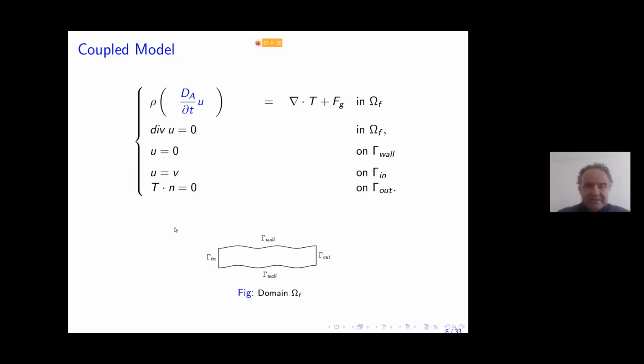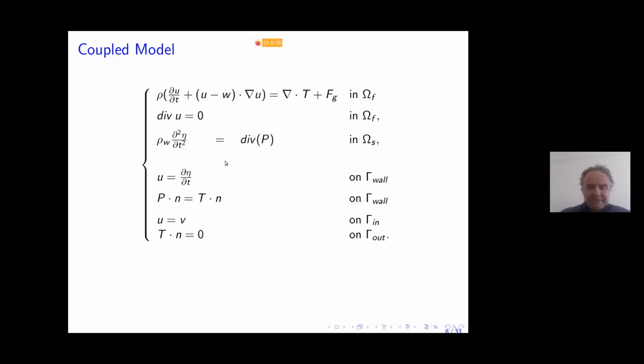But I was saying that we are talking about the coupled model, and so in the coupled model, we will have a deformation of this domain along with time. If this deformation has a certain velocity, then our linear momentum term here will depend on this deformation velocity. So if we put everything together, besides the equations for the fluid, we will have an equation for the structure.